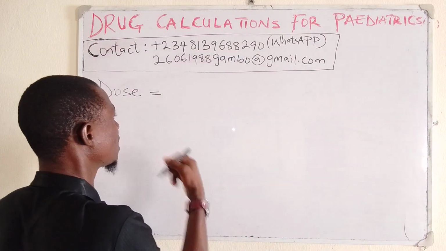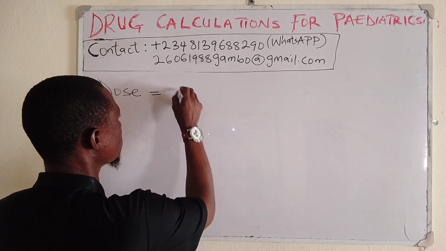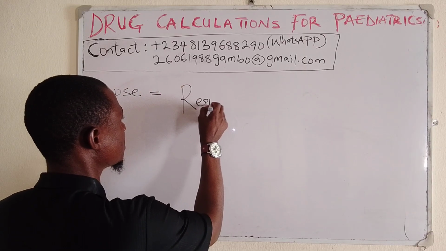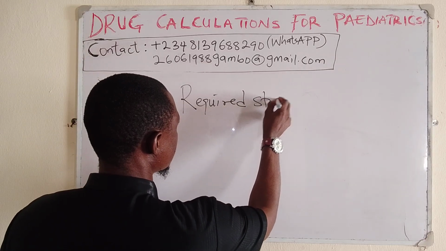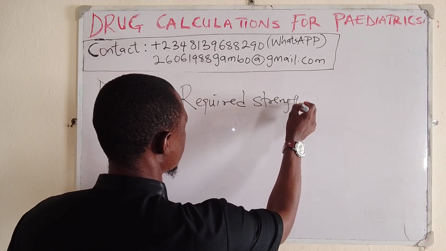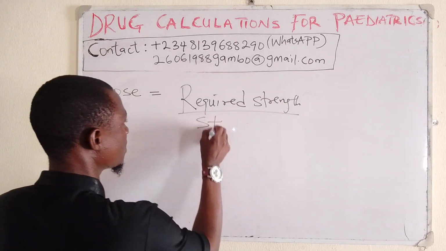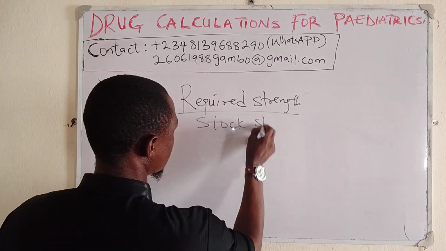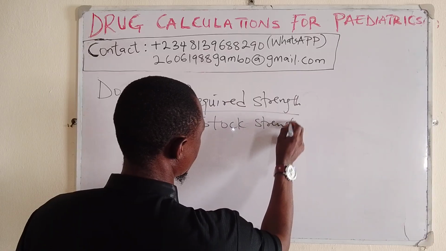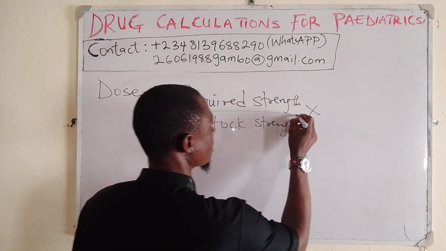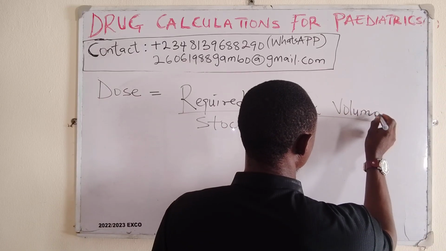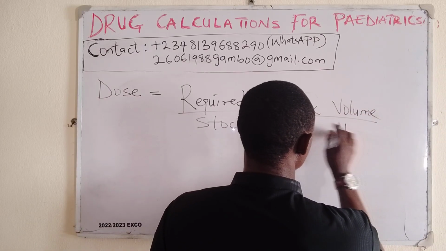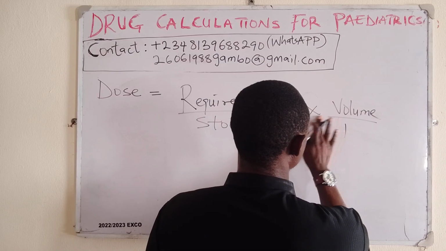Now the dose of the drug can be calculated using a formula we call the required strength. We use the required strength over the stock strength, multiplied by volume over 1.